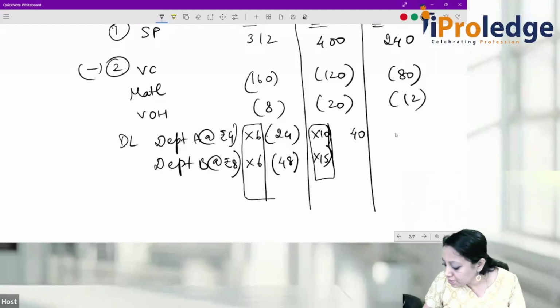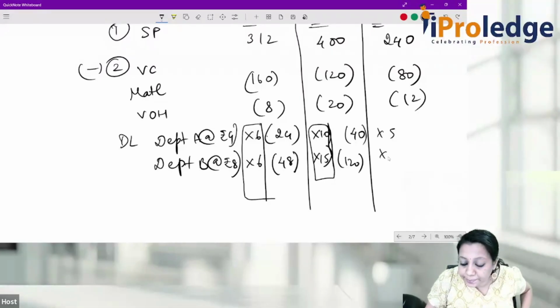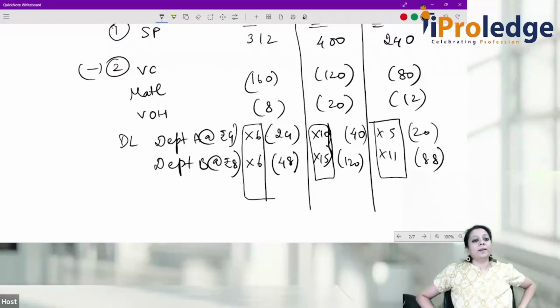8 into 15, how much is that? 120. Then we have into 5 and into 11. 20, 88. So I hope everybody understood. Again, I'm repeating, I multiplied because I need per unit. Selling price is per unit.